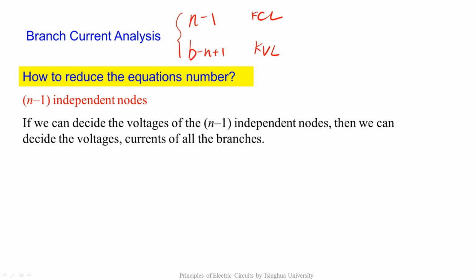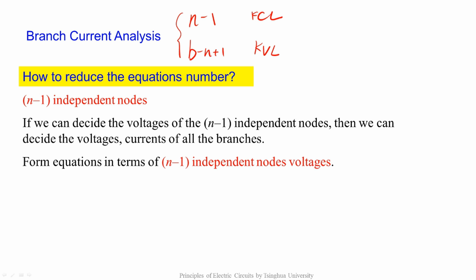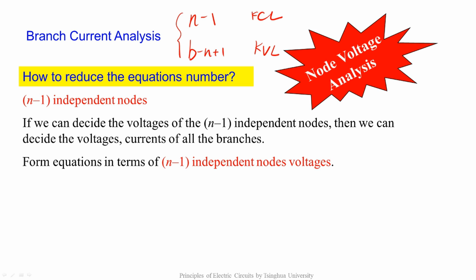Therefore, our goal is to find such a set of equations in terms of the n-1 independent node voltages. By solving this set of equations, we can get these n-1 independent node voltages. Then the voltages and the currents of all the branches can be determined. In fact, this is the node voltage analysis.